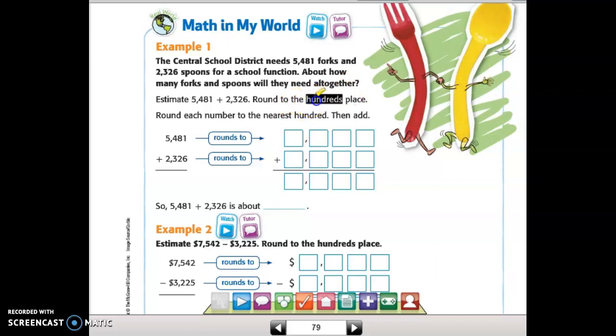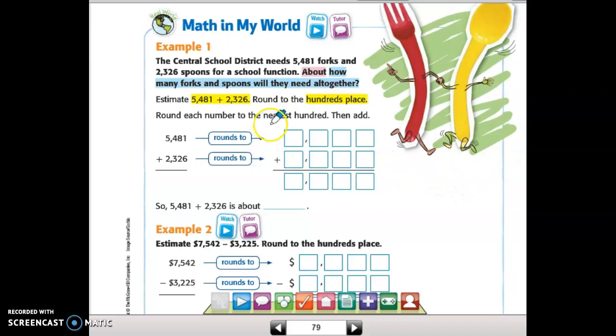We need to round to the hundredths place, and we also need to know these two numbers. And the question is, about how many do they need altogether? And I want to emphasize the word about, because that is the word that tells us that it's okay to round.